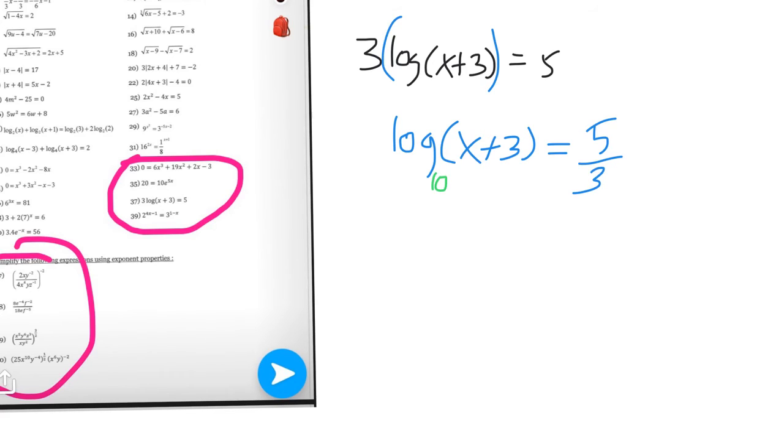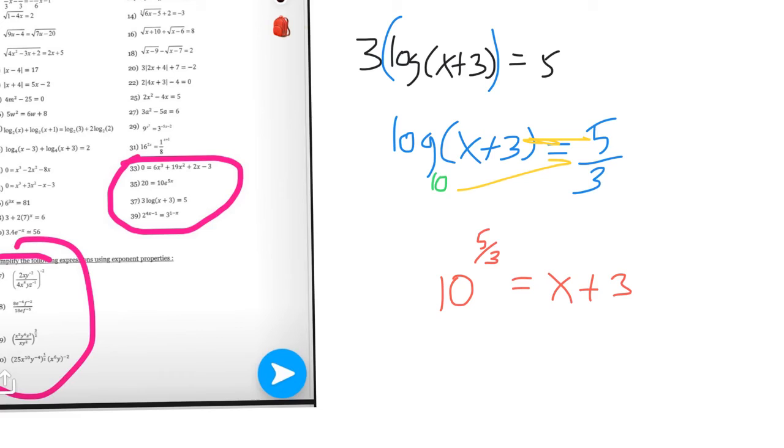And for my dear student at home, it's 10 to the this power equals this. I literally think of a weird triangle shape with arrows, where it's 10 to the this power equals this. I'm going to rewrite it that way: 10 to the 5/3 equals x plus 3.